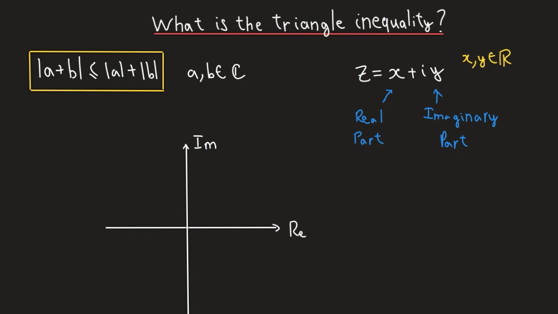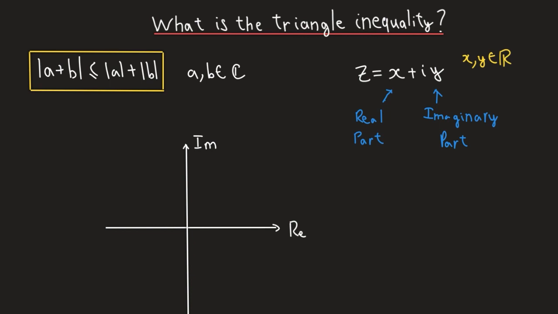Most importantly, these complex numbers can be represented in a plane, where the x-axis represents the real part of z, and the y-axis represents the imaginary part of z. Now, it's important to remember that x and y are real numbers, and the only imaginary number is i, where i is equal to the square root of -1. FYI, the plane that represents the complex numbers is called the Argand diagram.